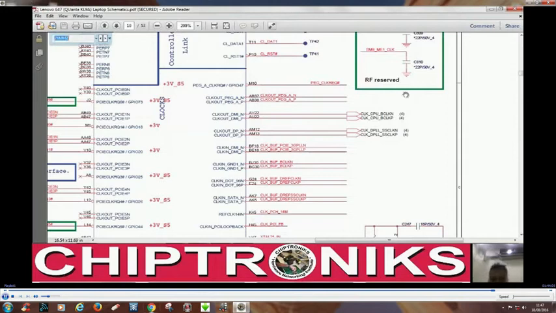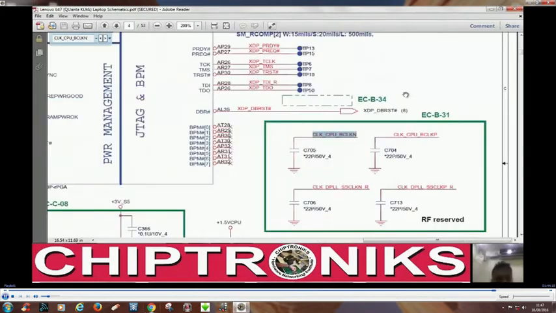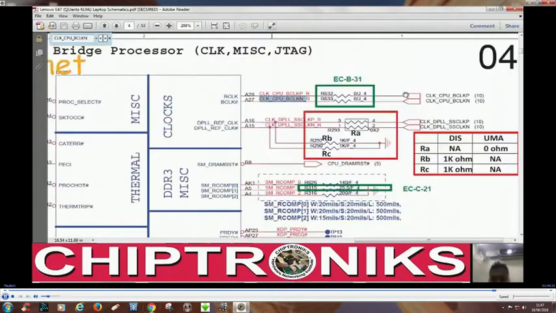You can see where this is going: CLK_CPU_BCLKN. Let's check.